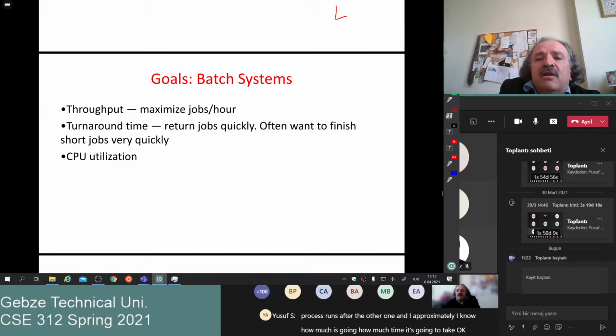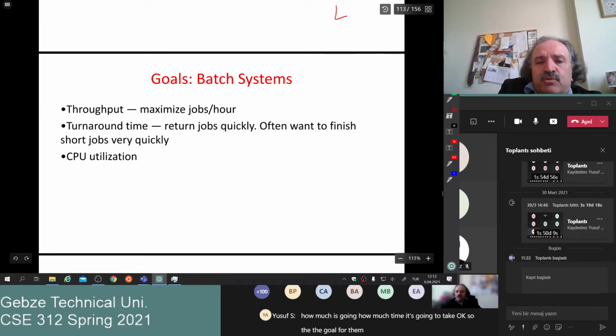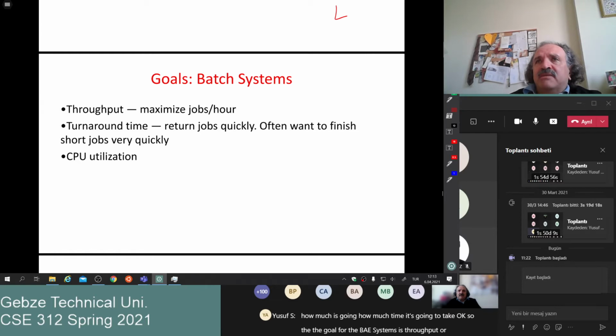Okay, so the goal for the batch systems is throughput: how many jobs I complete per hour. The turnaround time is important. When I assign a job, for the Türk Telecom, calculate the invoices, prepare the invoices, and prepare my payroll. Because I have thousands of people working for me, I need to pay them. Also, prepare my taxes.